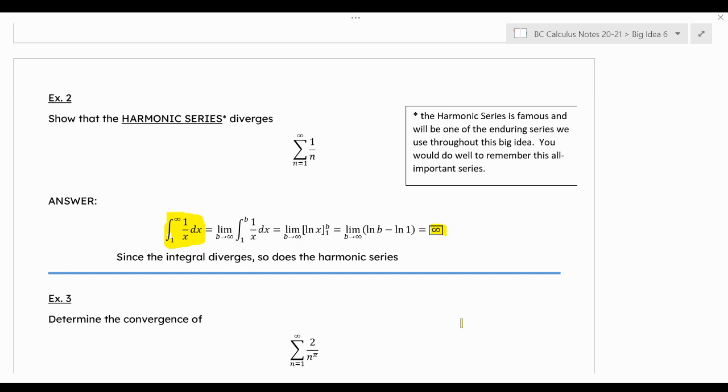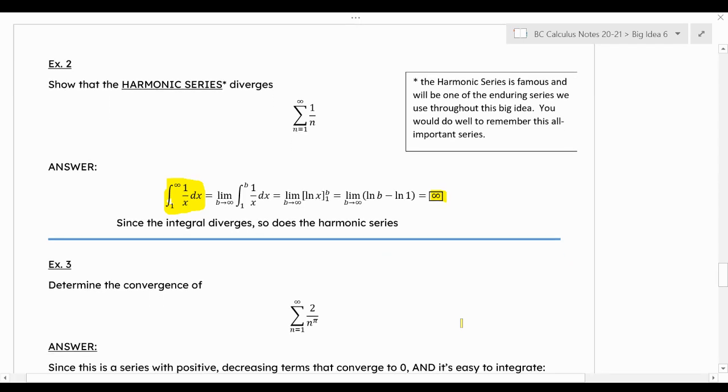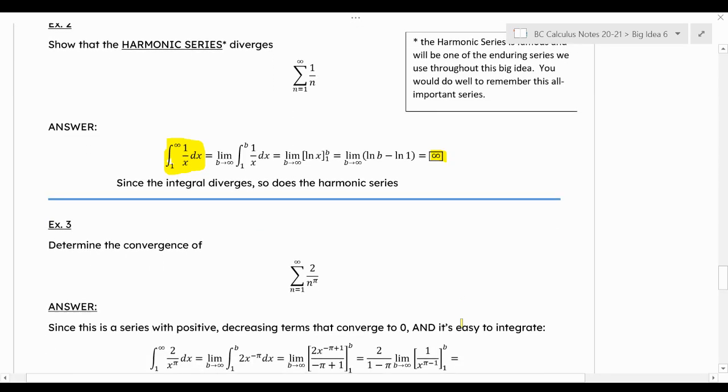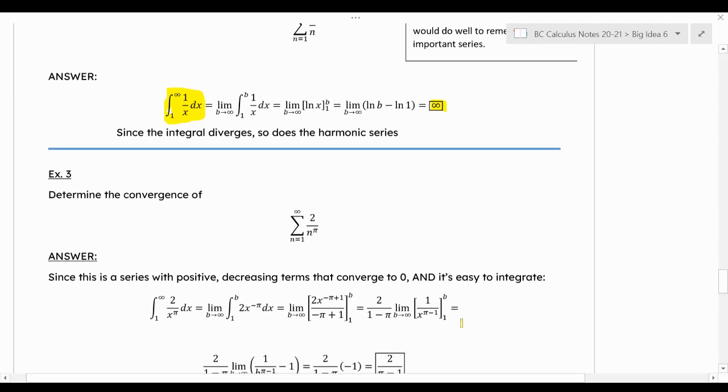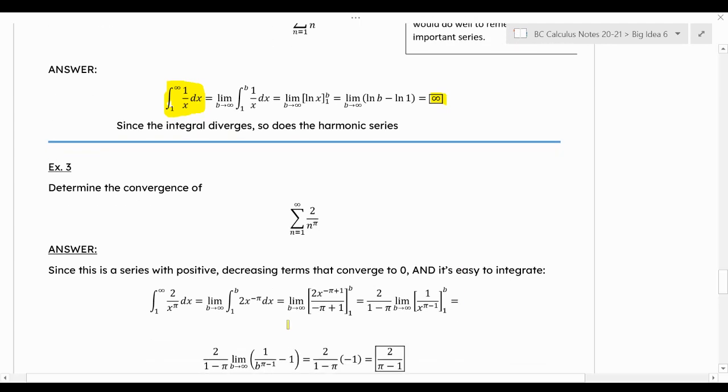All right, let's look at another one here. Determine the convergence of the sum from 1 to infinity of 2 over n raised to the pi. This is a weird one. I thought I'd come up with a weird one here. Now, 2 over n to the pi can be connected to the function 2 over x to the pi. So if we integrate 2 over x to the pi, we'll just use a little power rule, right?